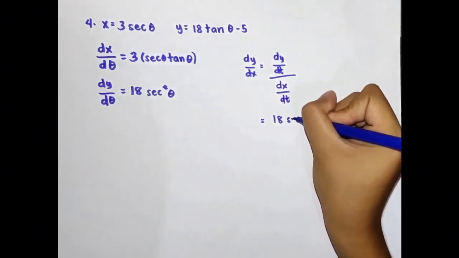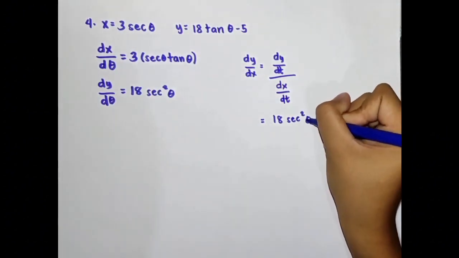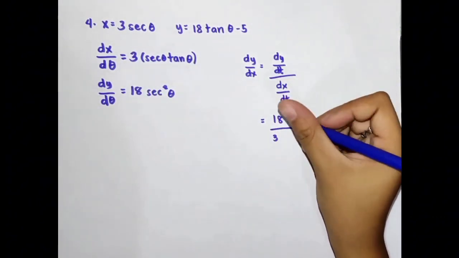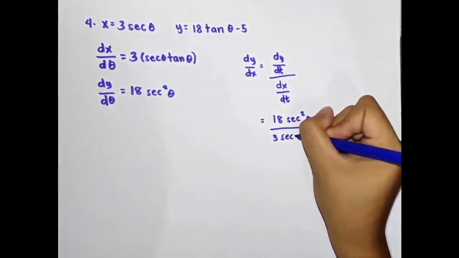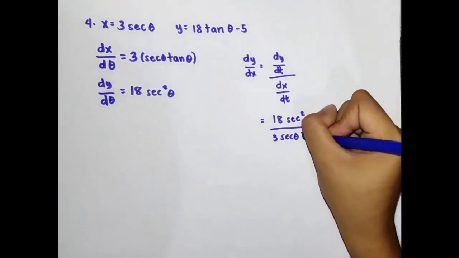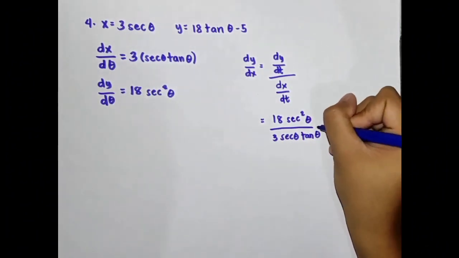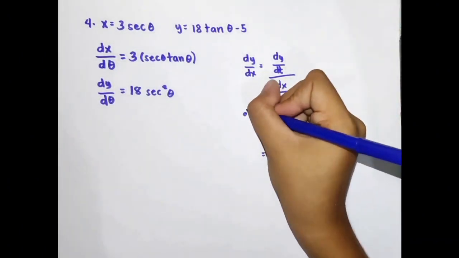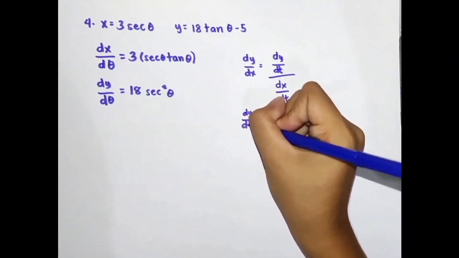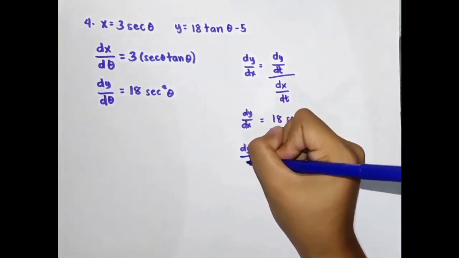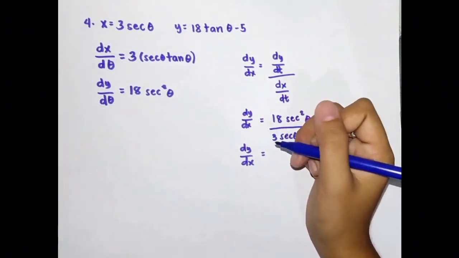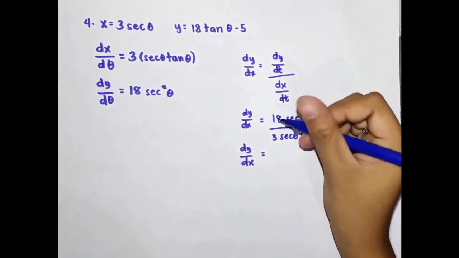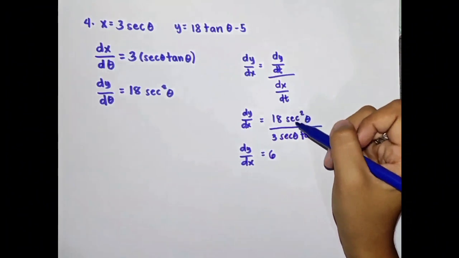Let's substitute the values. 18 secant squared theta over 3 secant theta tan theta. 18 divided by 3 equals 6.